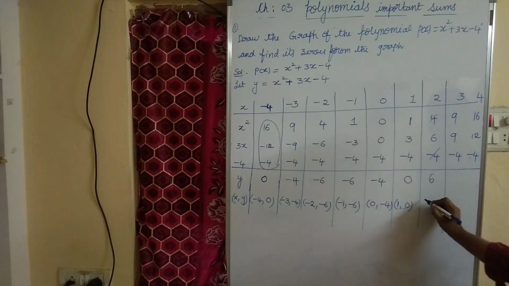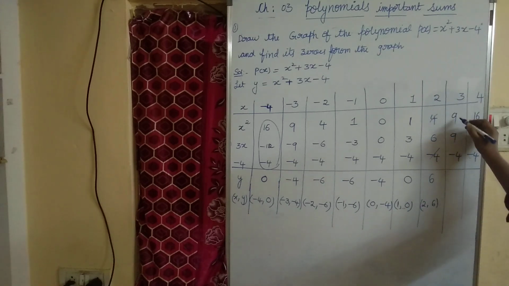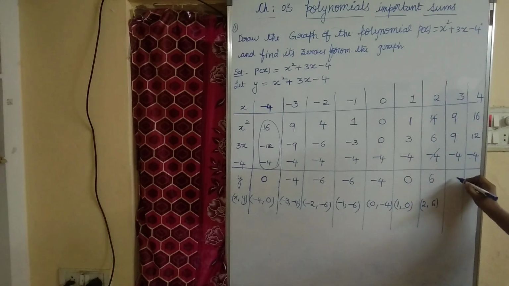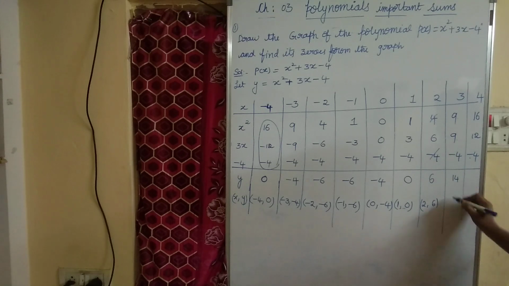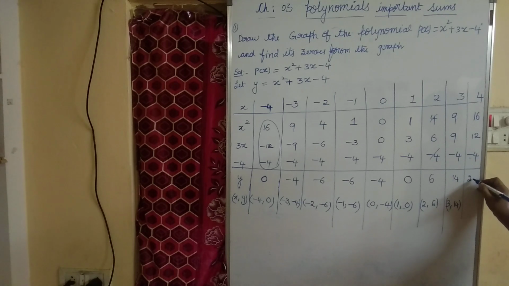When x is equal to 2, y value is 6. Now here 9 plus 9 is 18, 18 minus 4 is 14. I mean when x is equal to 3, y value is 14. Now 16 plus 12 is 28, 28 minus 4 is 24. So when x is equal to 4, y value is 24.